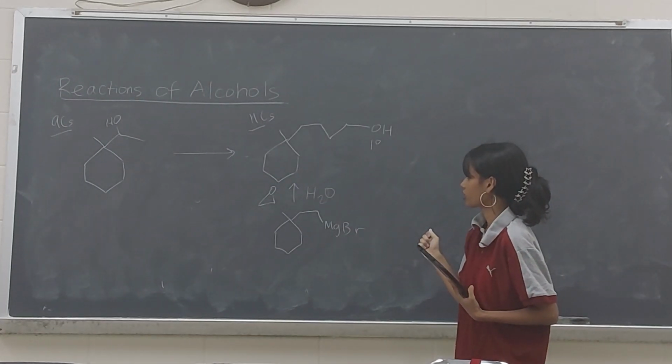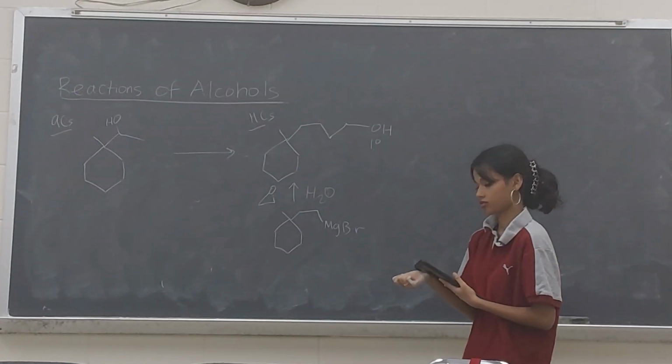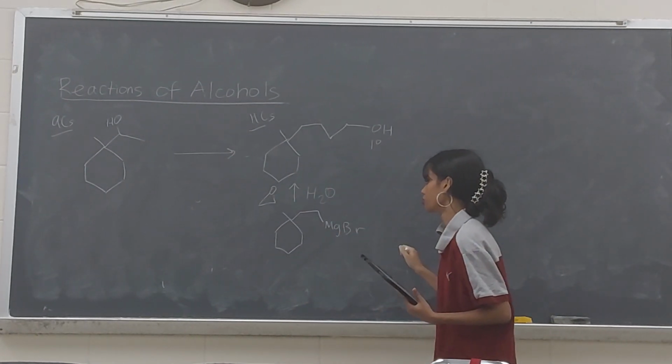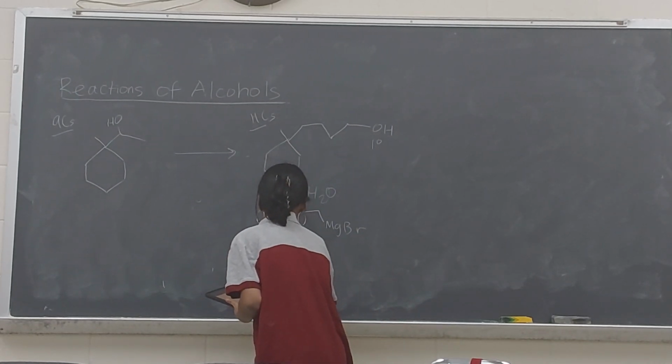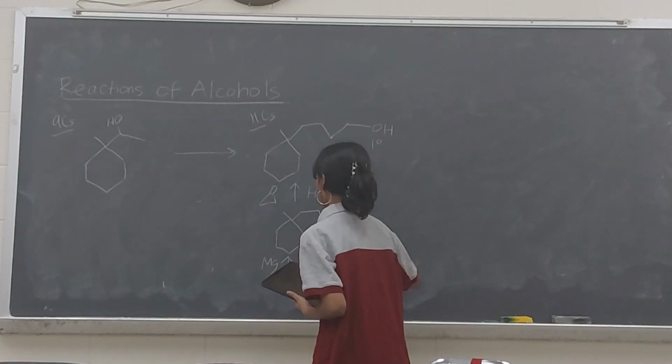It's synthesis, we're always starting over, drawing this up. Got it. And then how do we make a Grignard? It was haloalkane with Mg and ether, right? Mg, ether. And then this will just be Br.